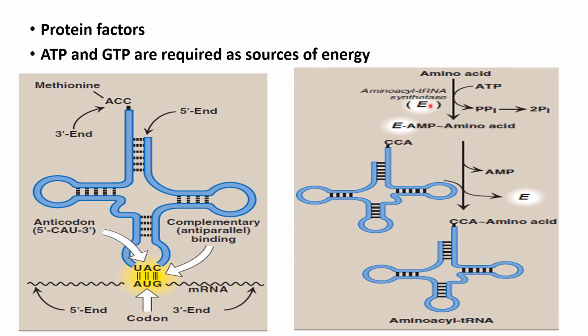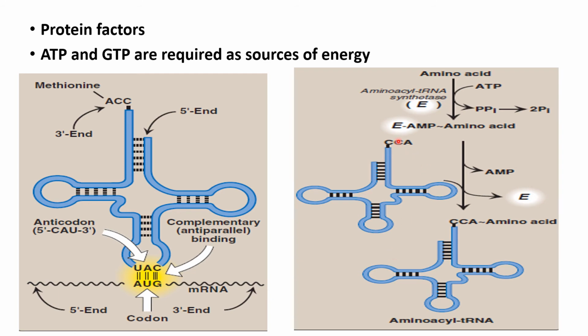These aminoacyl tRNA synthetases are also responsible for recognizing the specific amino acid according to its codon, the incoming codon, and then bringing the charged tRNA towards the messenger RNA.